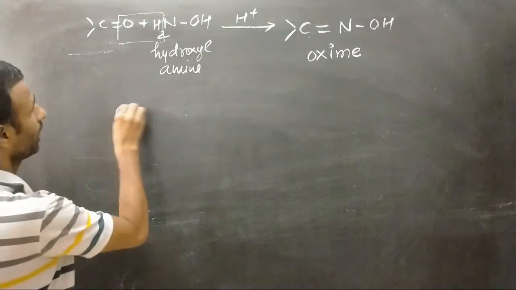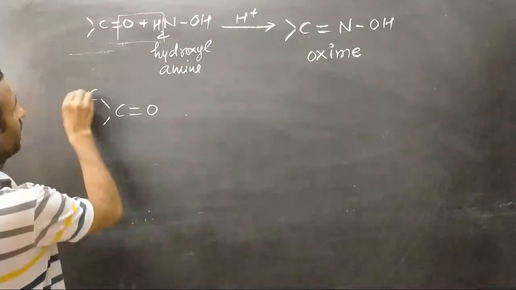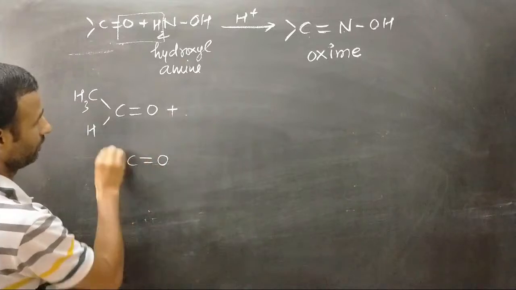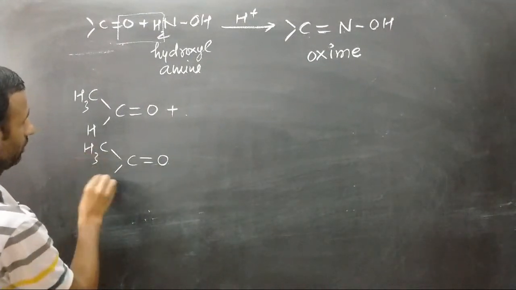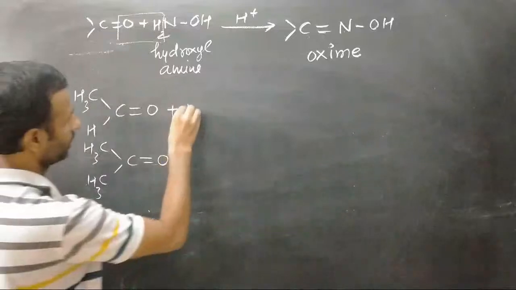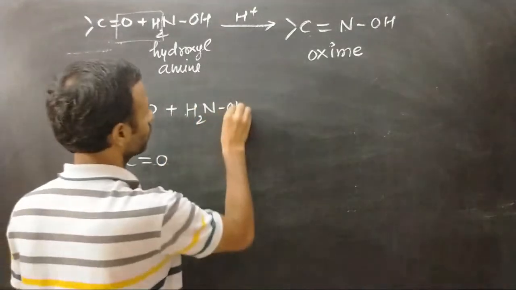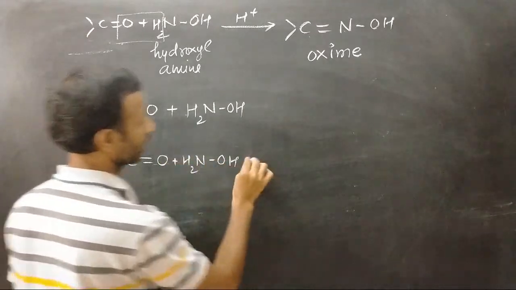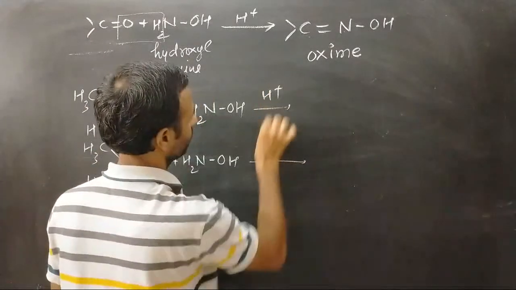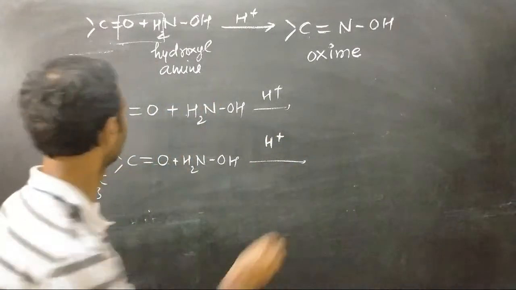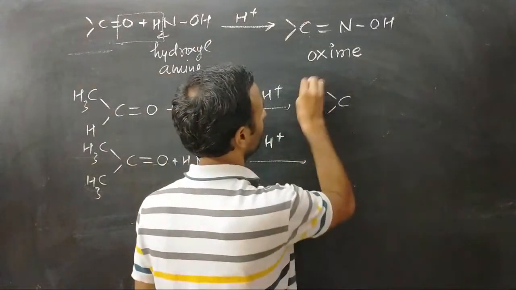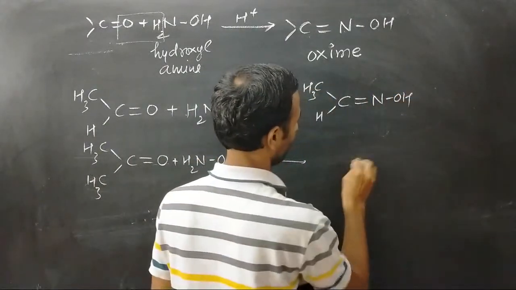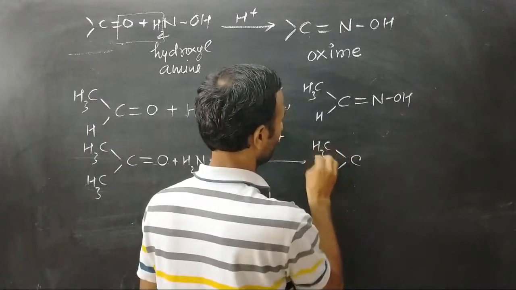So if we have acetaldehyde or acetone and treatment with hydroxylamine in weakly acidic medium takes place, then we get acetaldehyde oxime and acetone oxime.